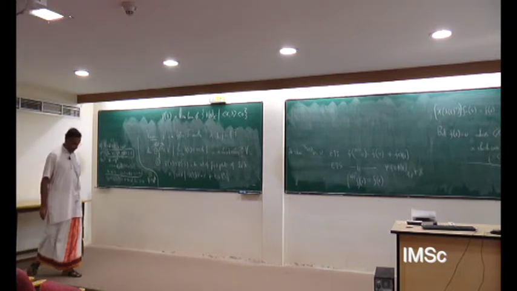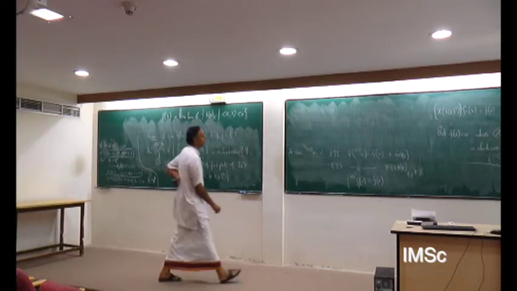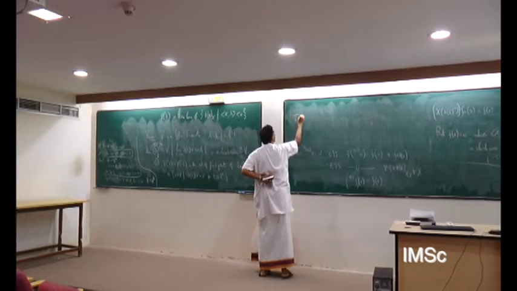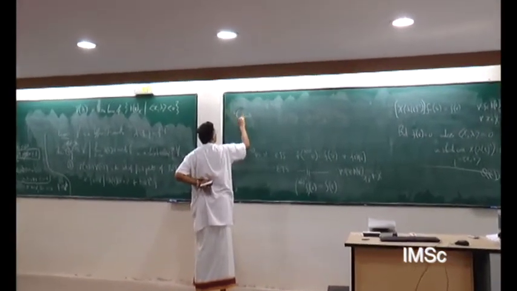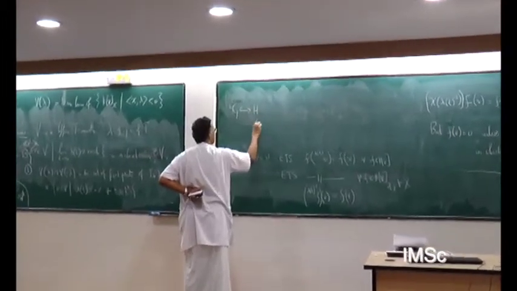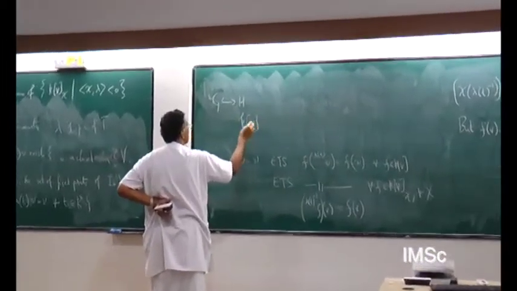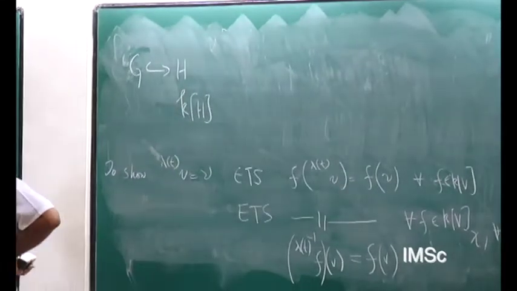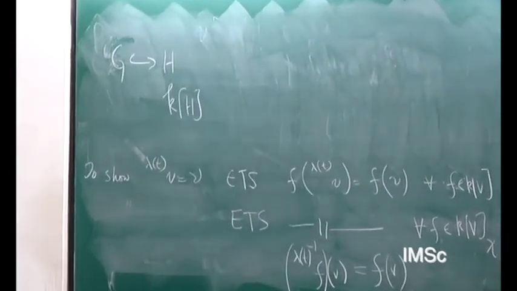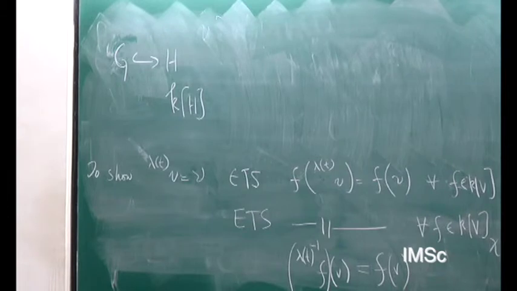So you can think of this as a closed subgroup, because the image under a homomorphism is closed.